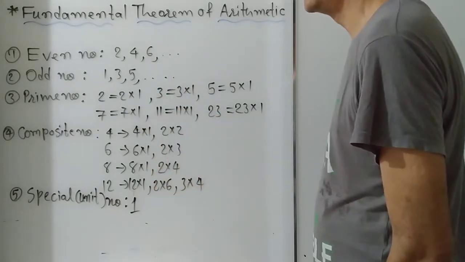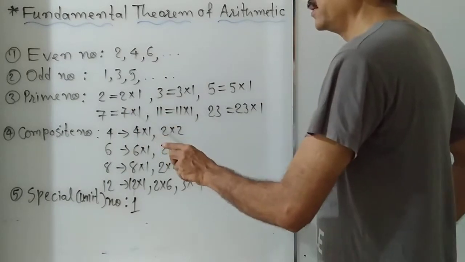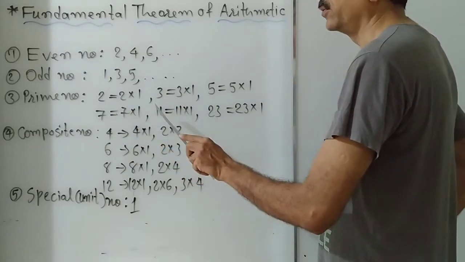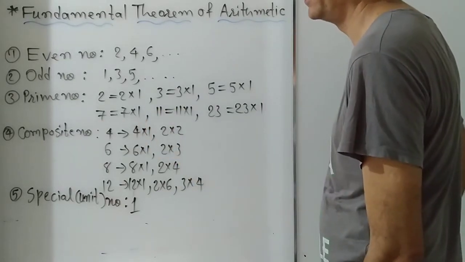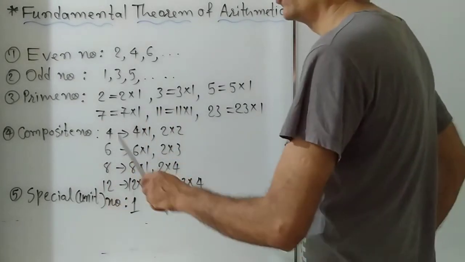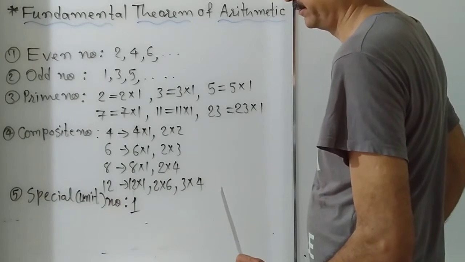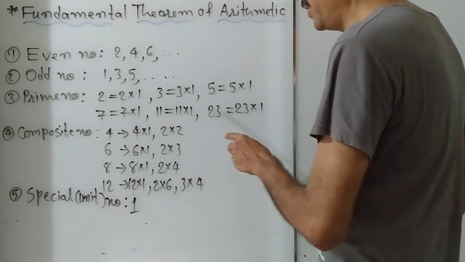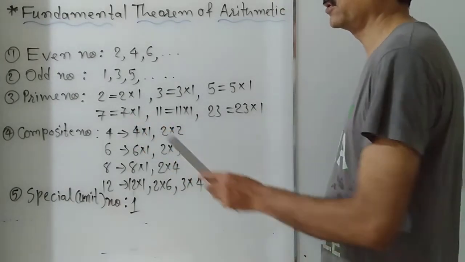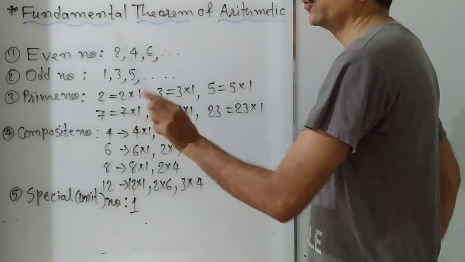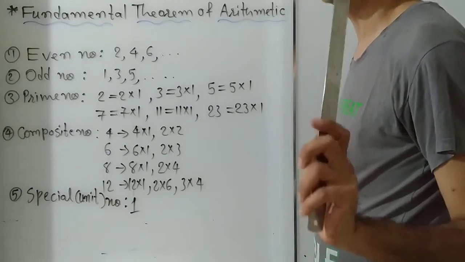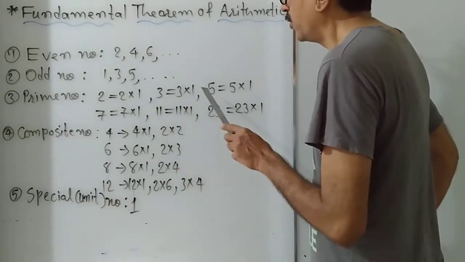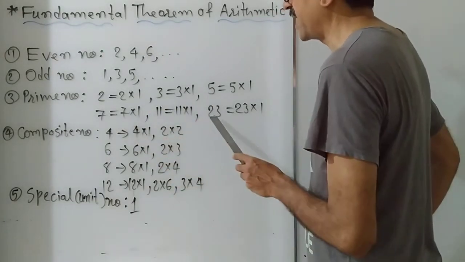So we can decide that those numbers which have two distinct factors, 1 and the number itself, are called prime numbers. There are infinitely many prime numbers, but the smallest prime number is 2, and only 2 is the even prime number. You can see all the other prime numbers are odd.